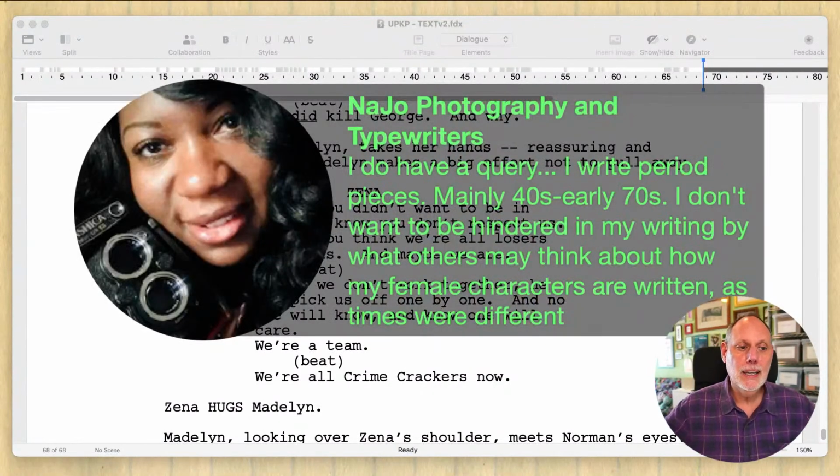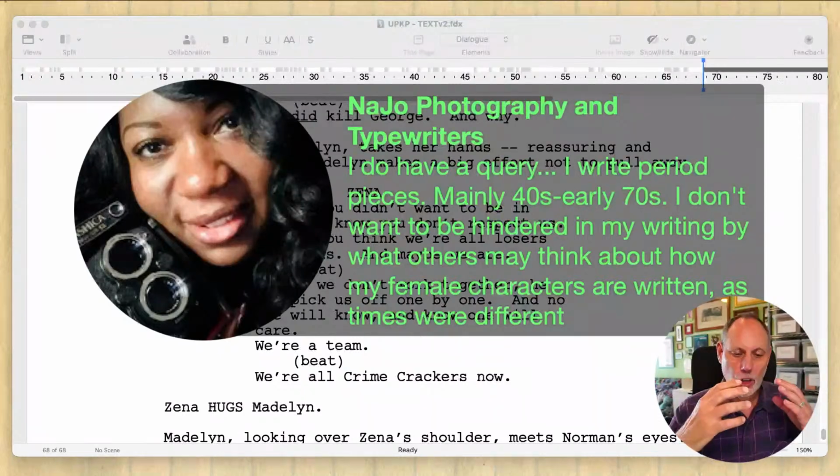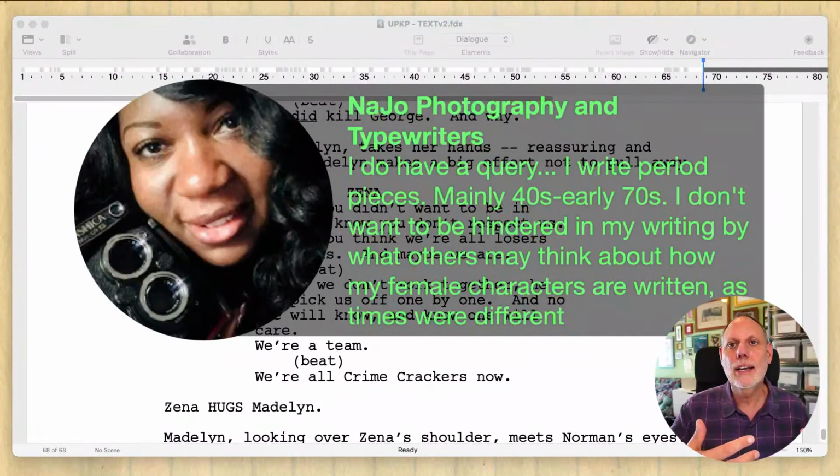My answer would be this is tricky. You do want your characters to behave as proper to their historical moment, which means they will treat each other badly. That does not mean the story treats them badly. You can show, for instance, Mad Men.